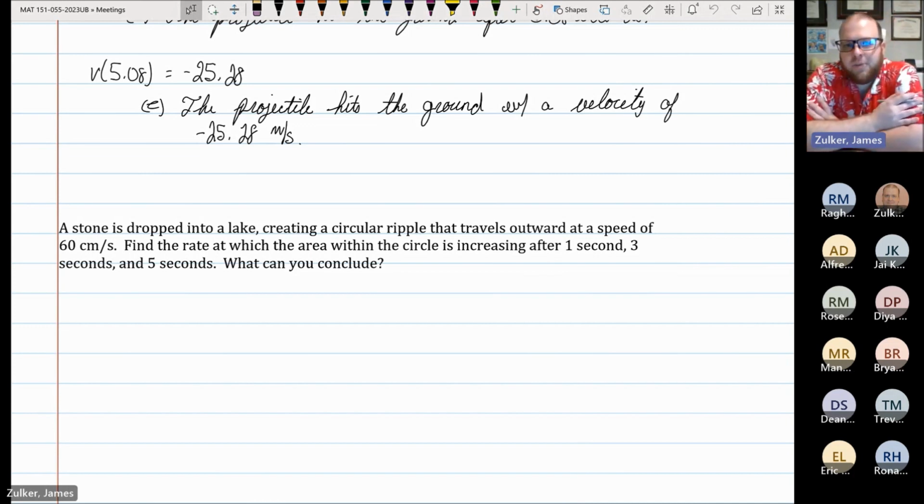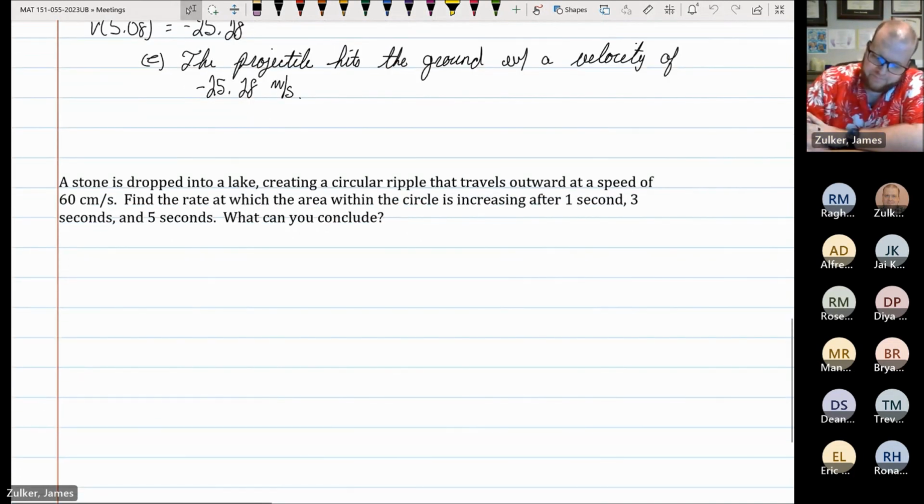We're told it's a circular ripple. What is the area of a circle?